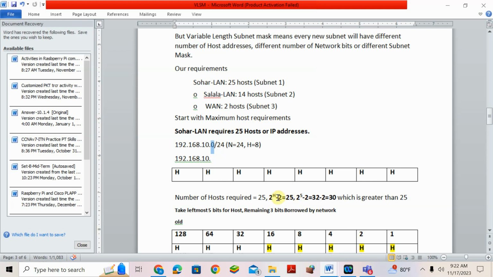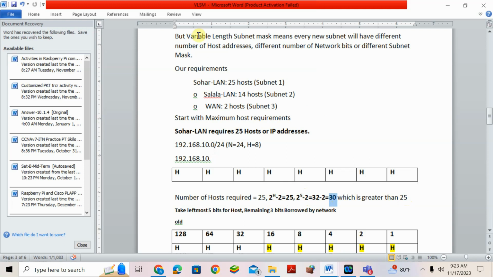If I go for 2 power 1, 2 minus 2 will be 0. If I go for 2 power 2, 4 minus 2, 2. Yes or no? If I go for 2 power 3, 8 minus 2 will be 6 only. If I go for 2 power 4, 16 minus 2, only 14. But if I take H equal to 5, 2 power 5 means 32 minus 2, I will get 30 addresses, which is greater than 25.